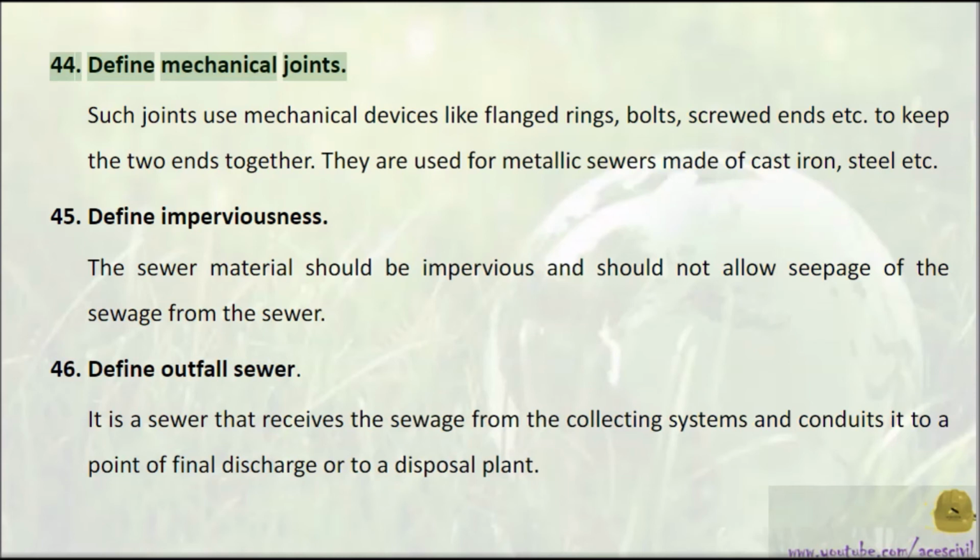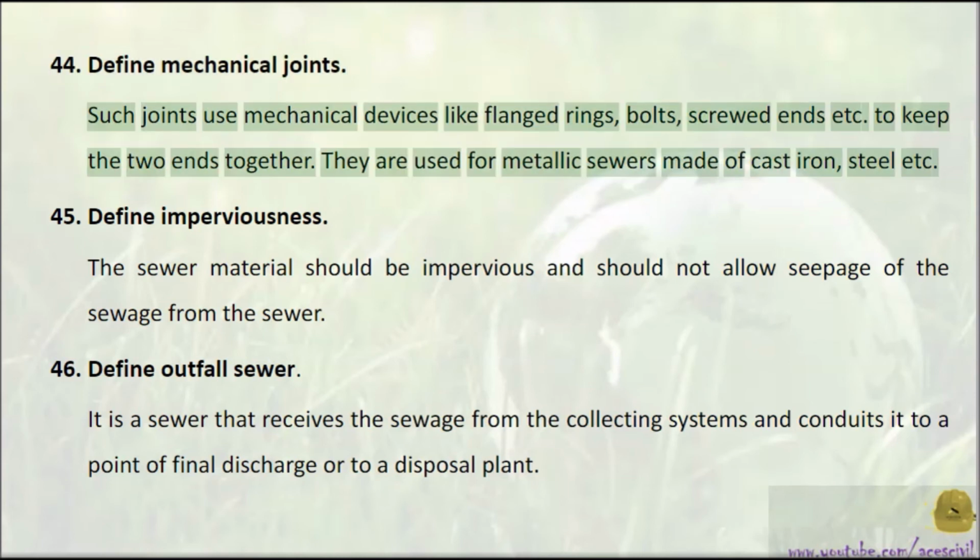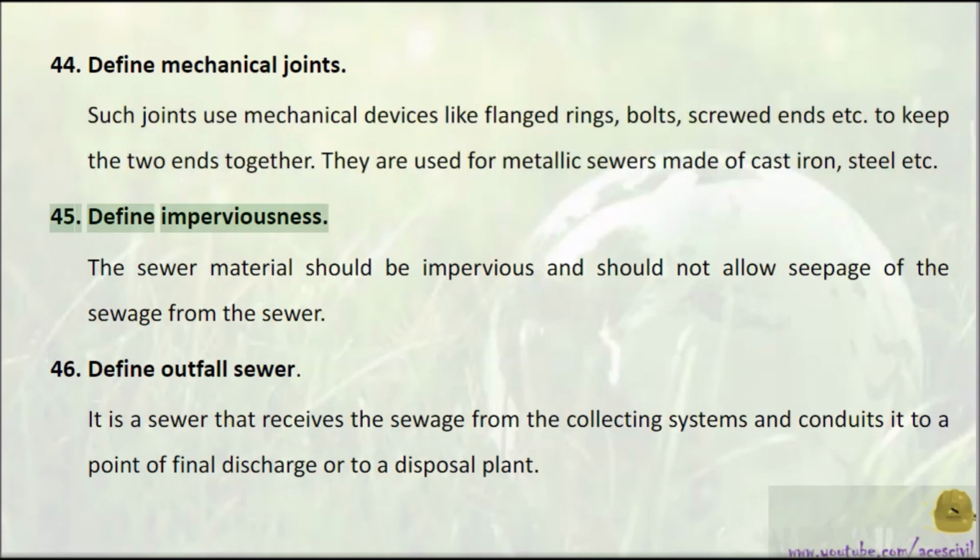Define mechanical joints. Such joints use mechanical devices like flanged rings, bolts, screwed ends etc. to keep the two ends together. They are used for metallic sewers made of cast iron, steel etc. Define imperviousness.